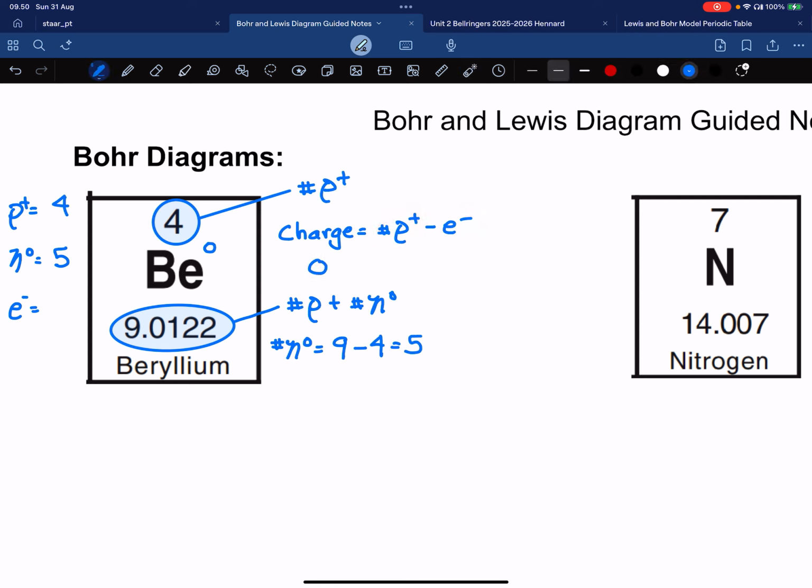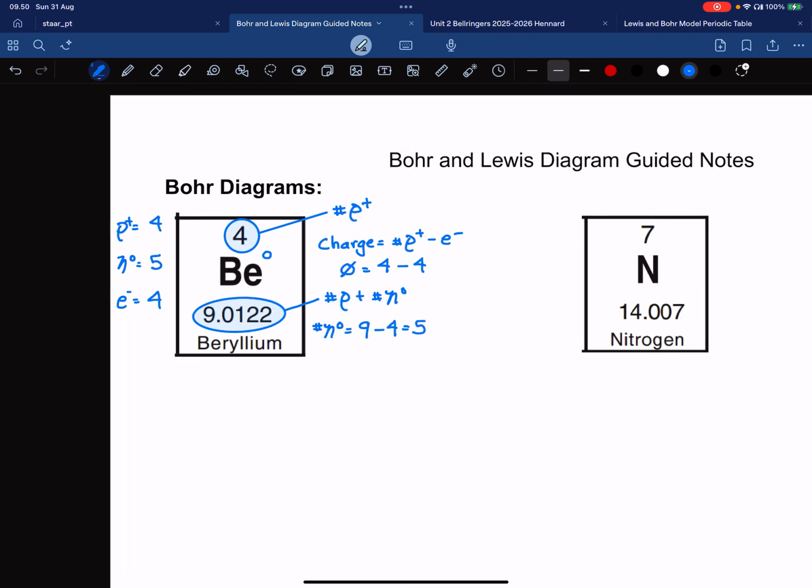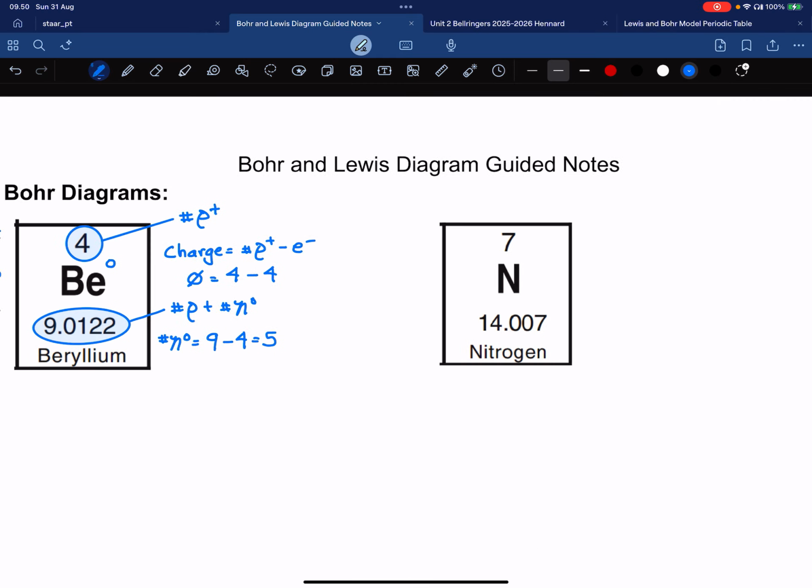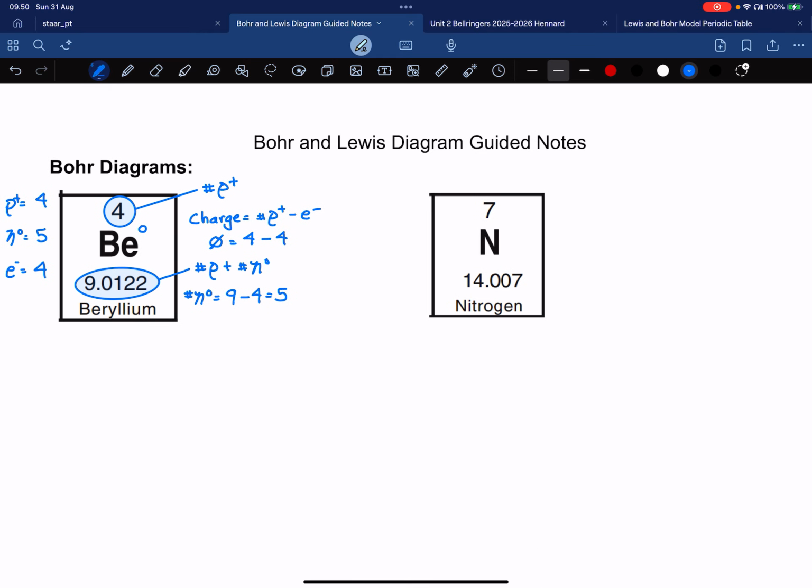If the charge is 0 and you have 4 protons, then you must have 4 electrons. Now we're going to do the same thing for each of the others, just to prepare the way for the Bohr diagrams to follow.